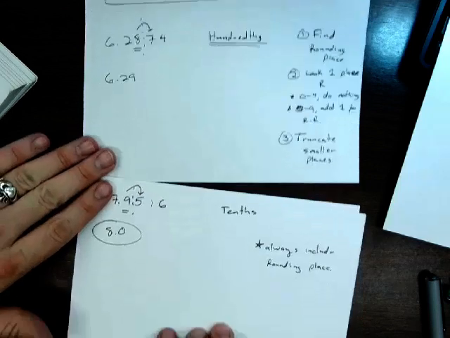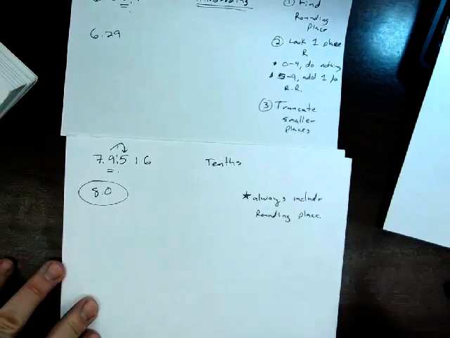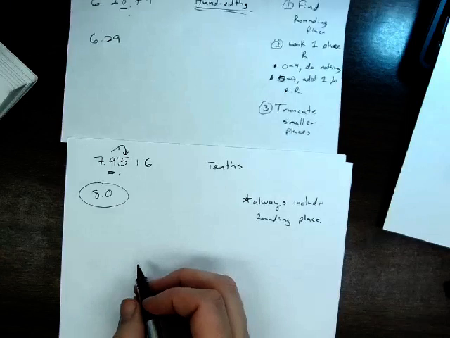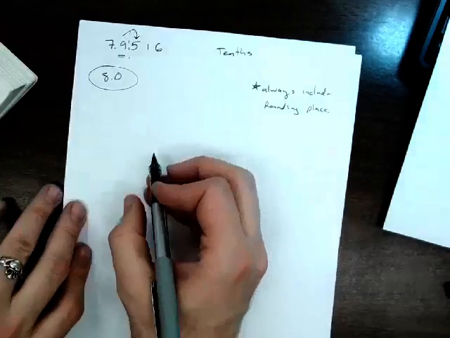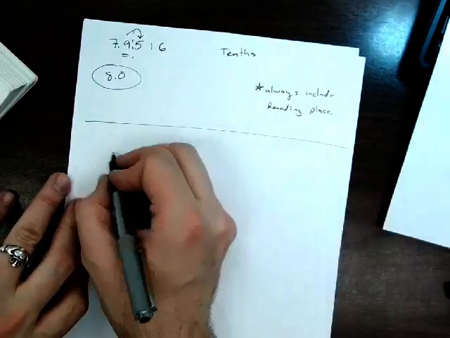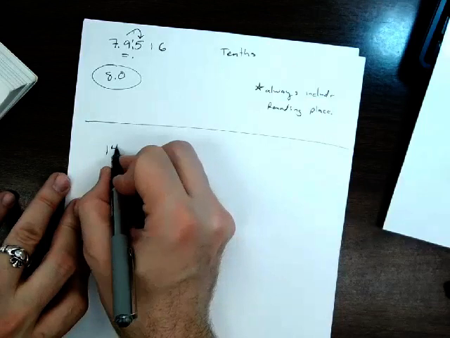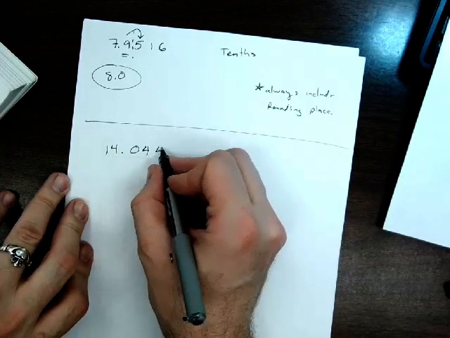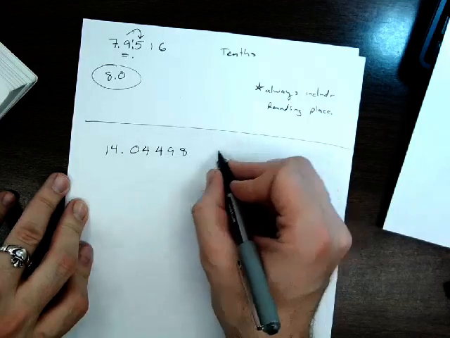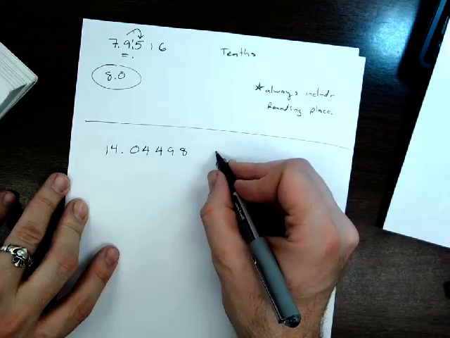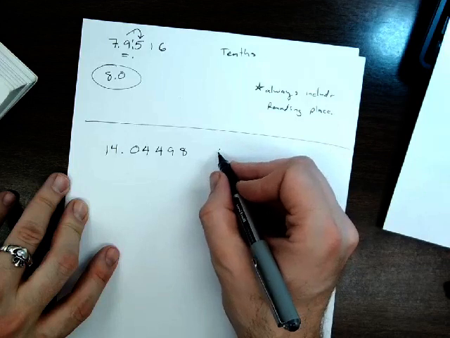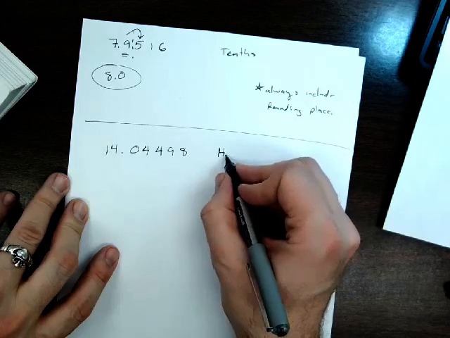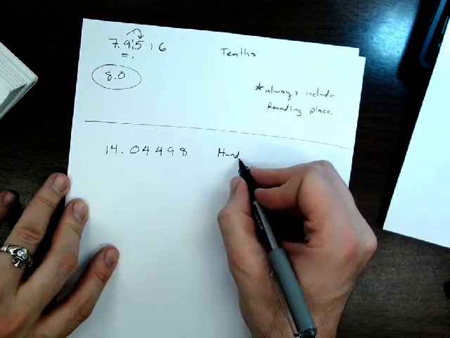Okay, one more example, and we're going to call that done. So let's say we've got something like 14.0449. And again, I'm going to round here to my hundredths place.